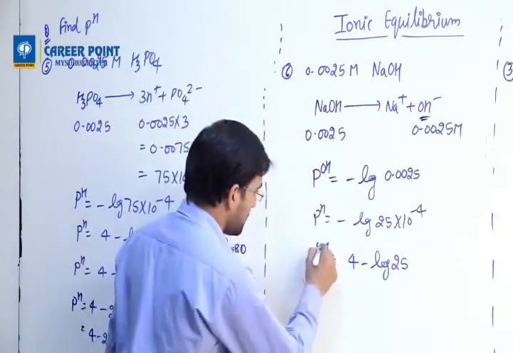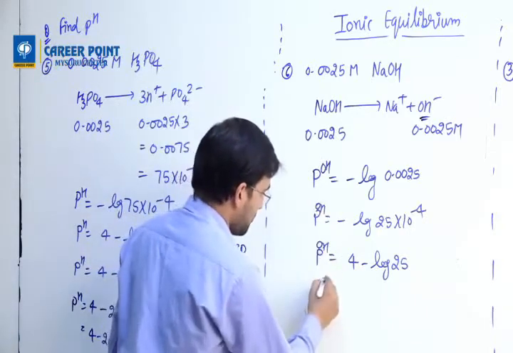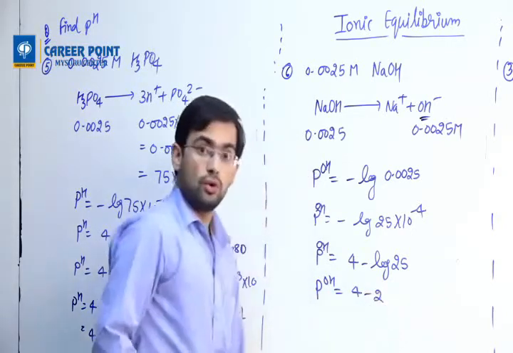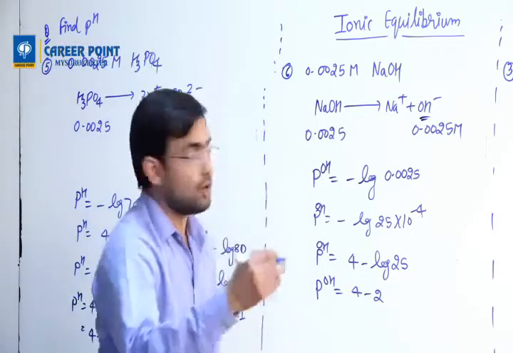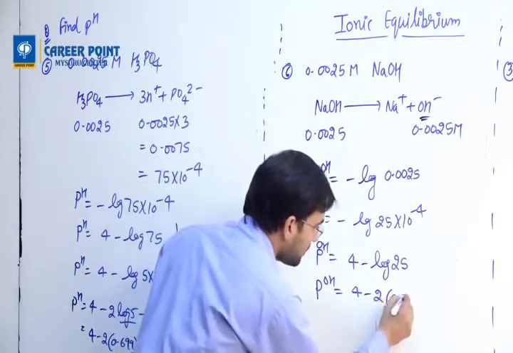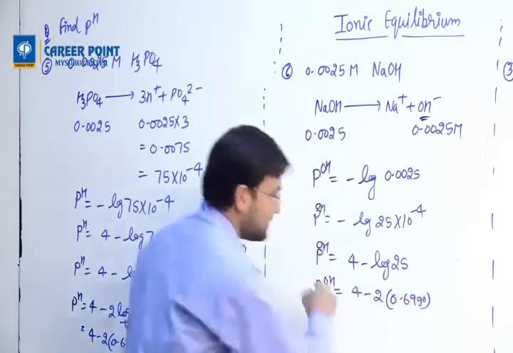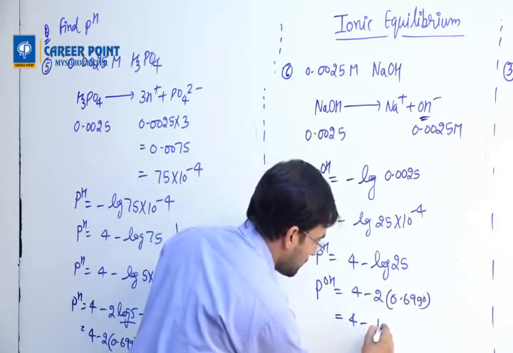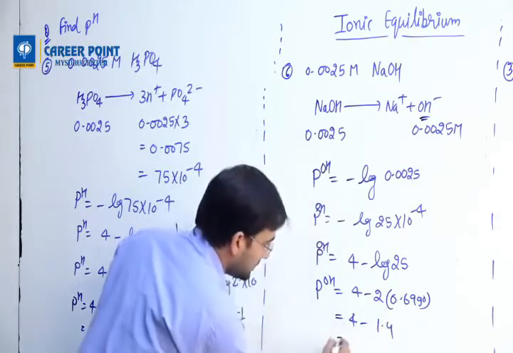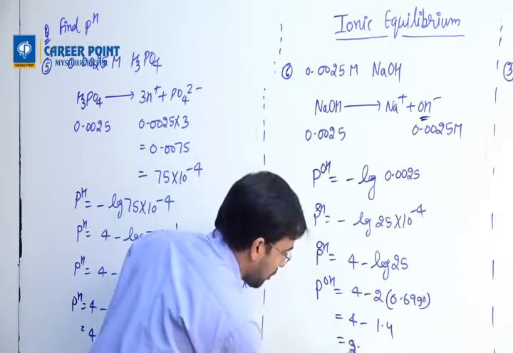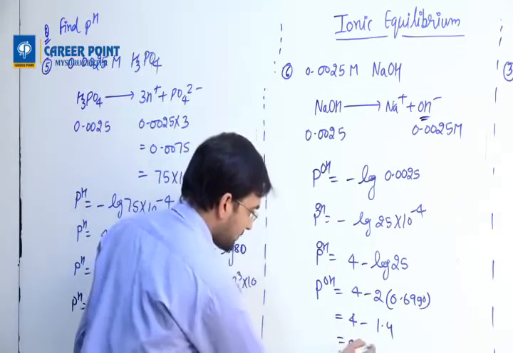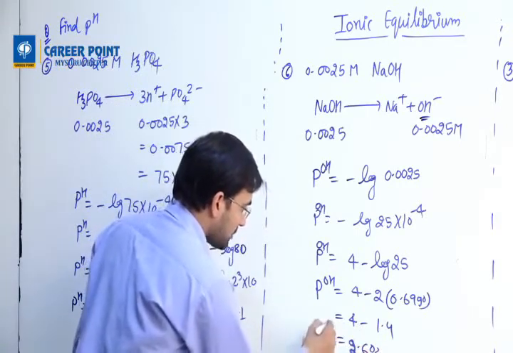Then this is pOH. Okay, pOH equals 4 minus 2 log 5. Log 5 is 0.6990. So we can do 4 minus, this will become 1.4. Then I'll get 2.6. Okay, 2.602.